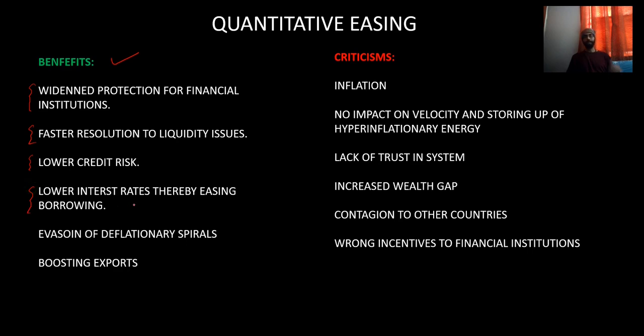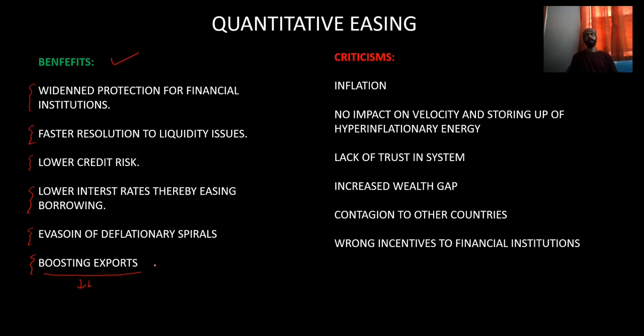Obviously, this creates expansion of the system. Evasion of deflationary spirals. The recession does not lead to extensive deflation and depression kind of scenarios. So what they called a soft landing was basically what was being attempted.